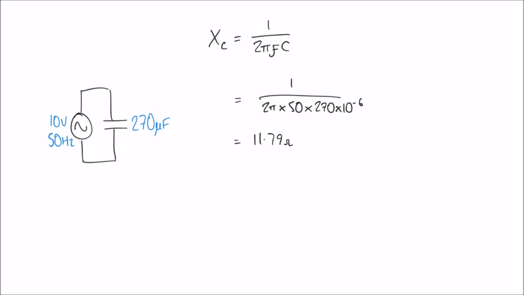Now that we've calculated that again, let's work out the current in this circuit, I. And again, we can use Ohm's law, slightly modified for the fact that we're dealing with reactance, so that's I equals V over X. And we can say that that's 10 over our reactance, which was 11.79, and I get an answer of 0.848 amps, or 848.18 milliamps.